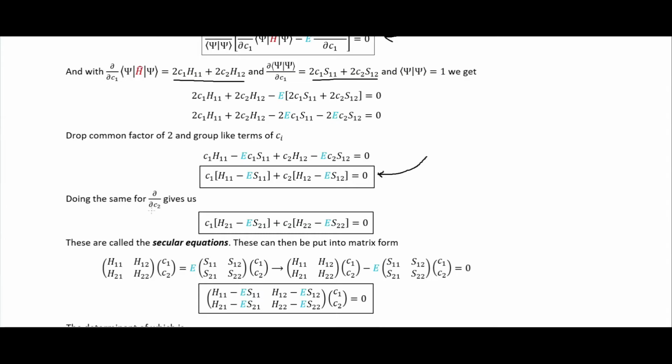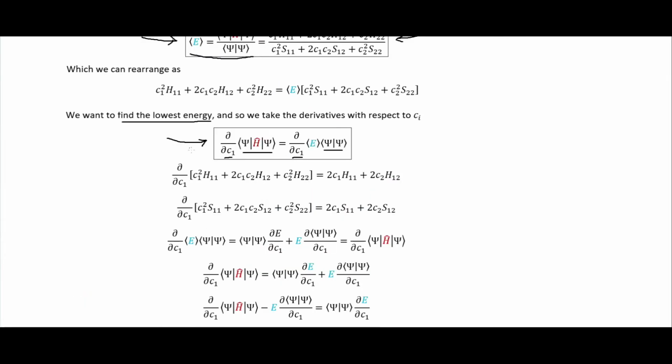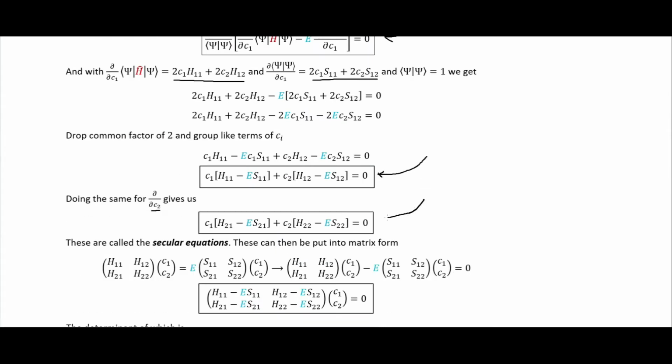And if we do the same for the derivative with respect to C2, remember up here we did it with respect to C1, but we do it with respect to C2 as well, and we get this equation right there. These two equations are called the secular equations.